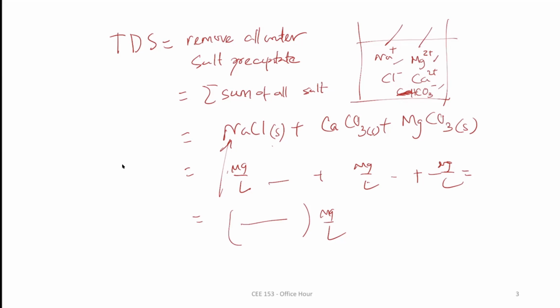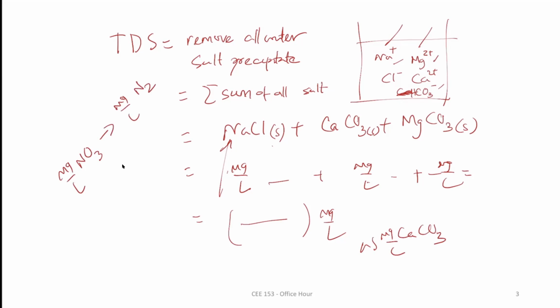But sometimes, if I specifically ask, what is the concentration TDS as CaCO3, milligram per liter as CaCO3, you should take this as any other questions. If I ask what is milligram per liter of nitrate as milligram per liter of nitrogen, you know how to convert that.